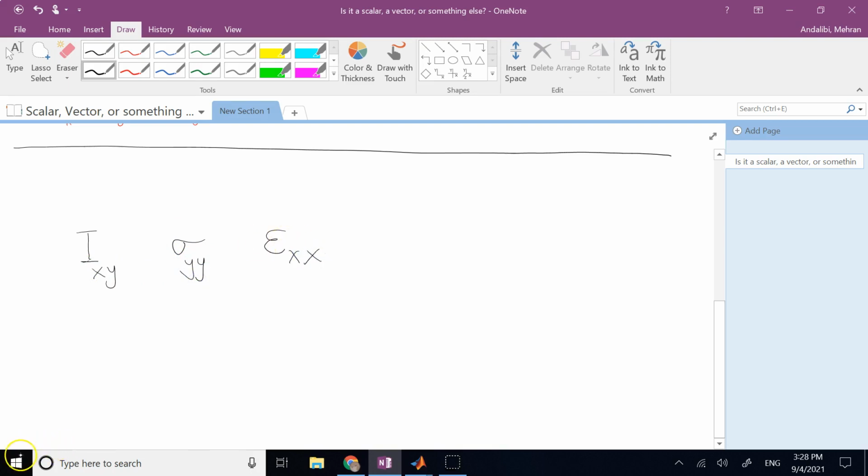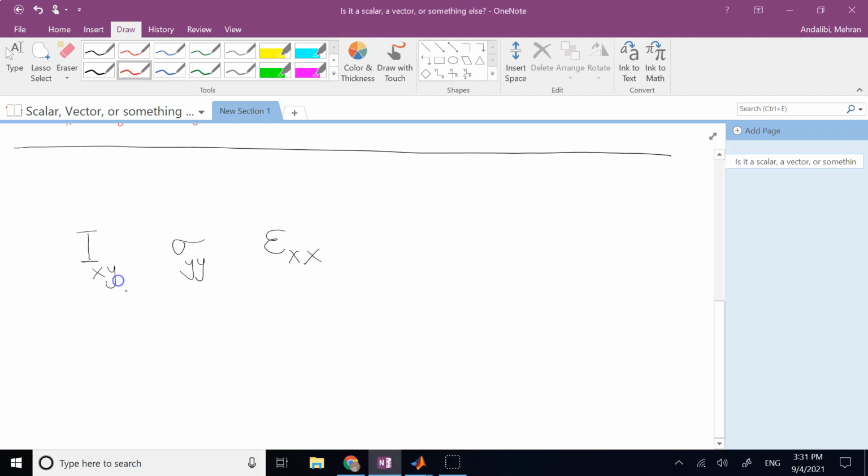What type of entity are these guys? Are they a scalar or a vector? And that is when I hear one group say they are scalars, one group say they are vectors, and I let them debate, and at the end I say, well, as a matter of fact, it's neither one. It's not a vector, it is not a scalar, these guys are something beyond a vector.